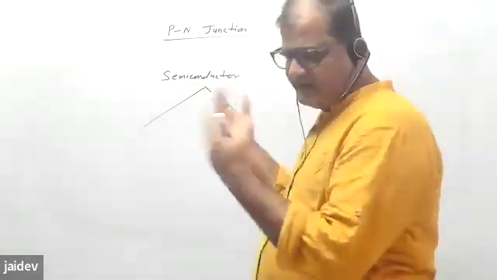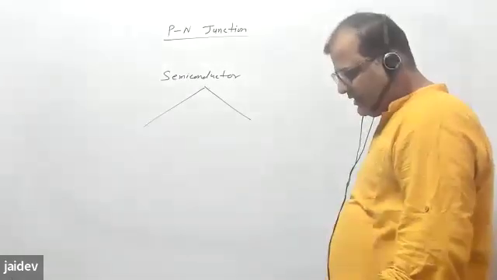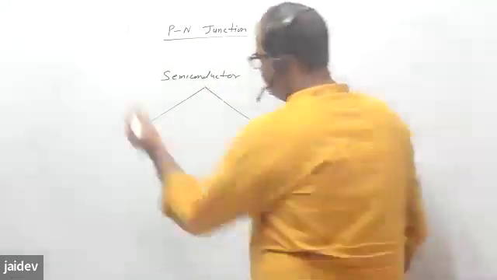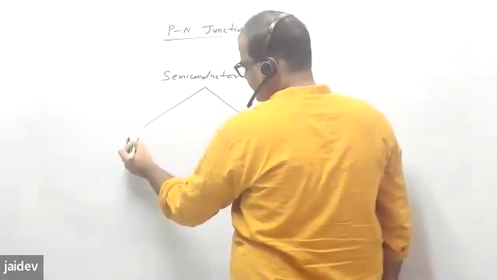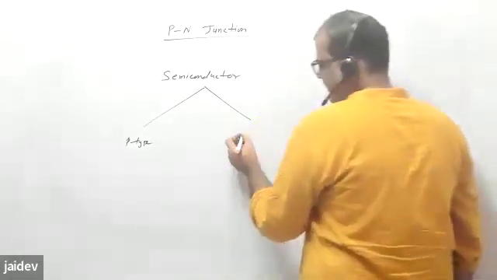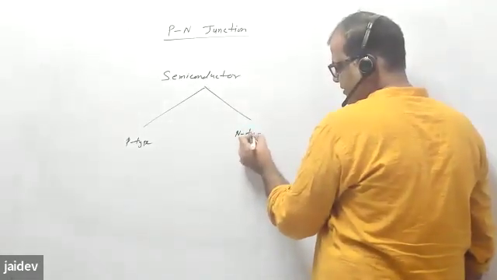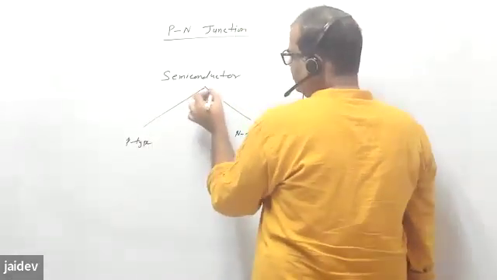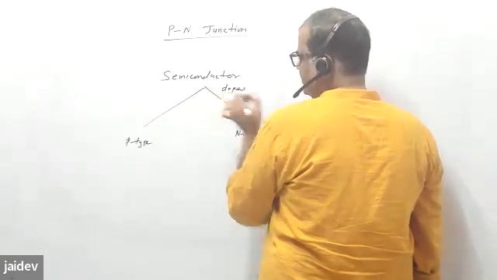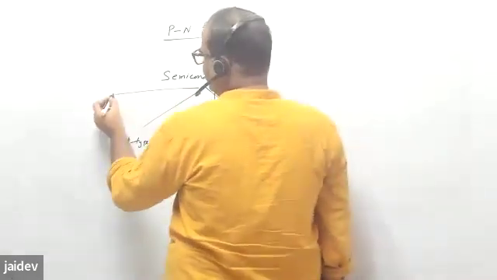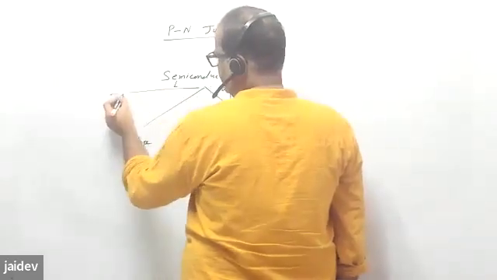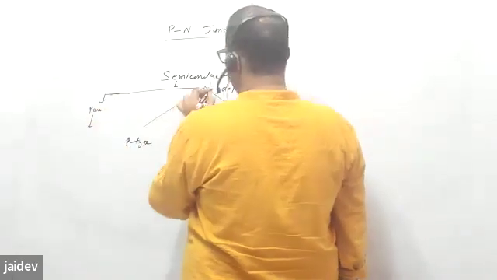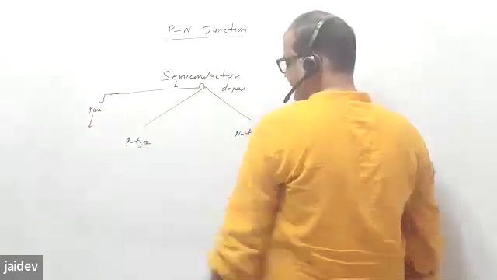So let us first discuss in the simplest way. Semiconductors can basically be converted into P type and N type. These are doped semiconductors. There are also undoped or pure semiconductors. Doped semiconductors are of two types, P type and N type.